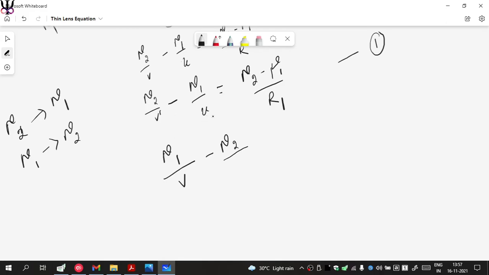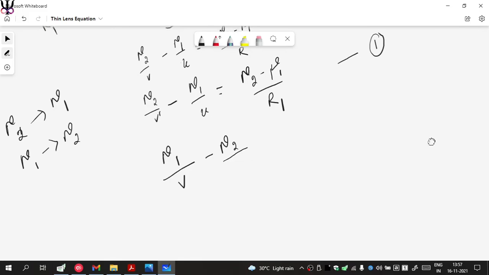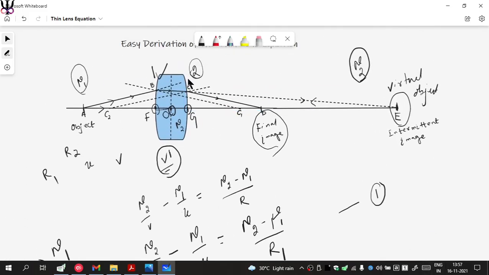U is supposed to be the object distance, but for the refraction at the second surface, what happens to the object distance? It's the virtual object, which is at a distance V dash. You will say, sir, V dash is supposed to be from G.